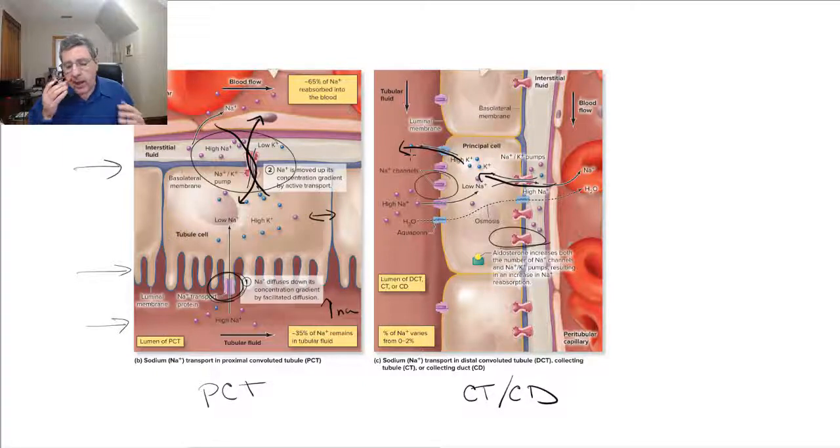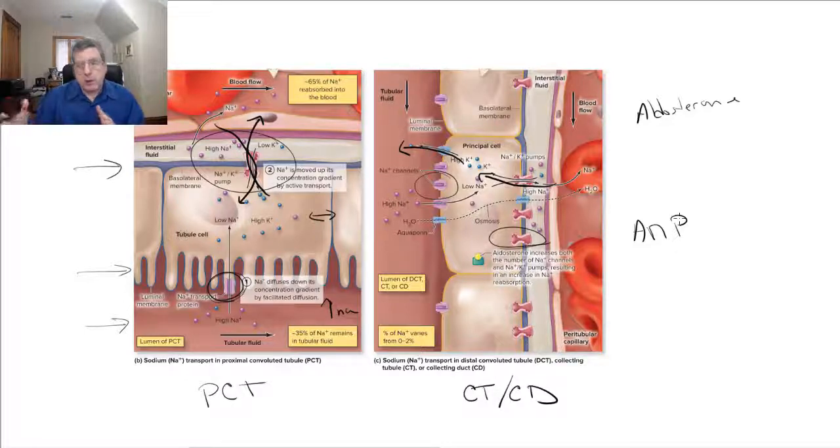And the reason it varies is because the channels are influenced by a couple of hormones, and those are going to be aldosterone and atrial natriuretic peptide, ANP. Now, aldosterone and ANP both impact a specialized cell called a principal cell in the DCT, collecting tubule, and collecting duct. So that's where we're looking at this.